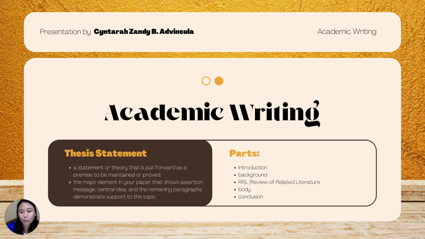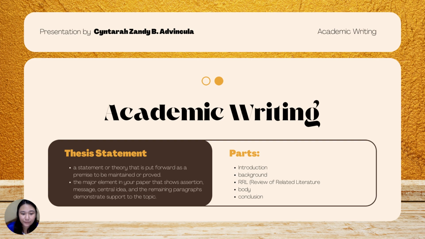Also, it keeps your writing focused and it makes it easier for you to achieve unity and coherence in your writing. In academic writing, we have what we call thesis statement. So, thesis statement or theory is what we put forward as the premise to be maintained or to be proved.